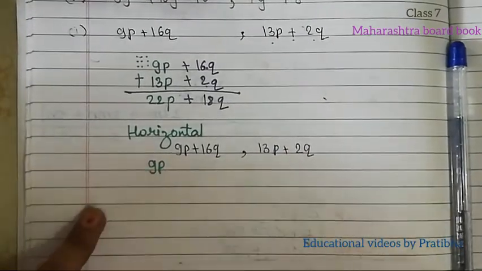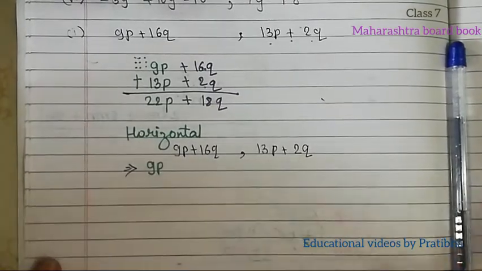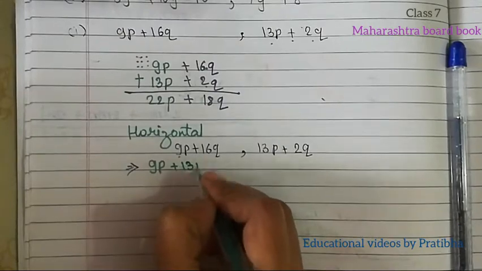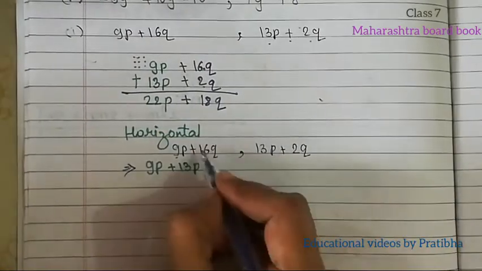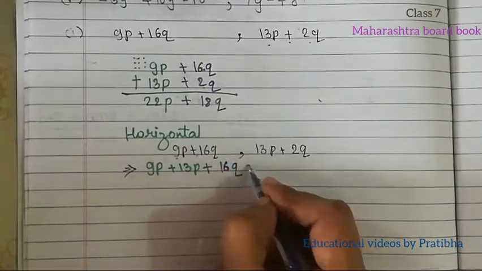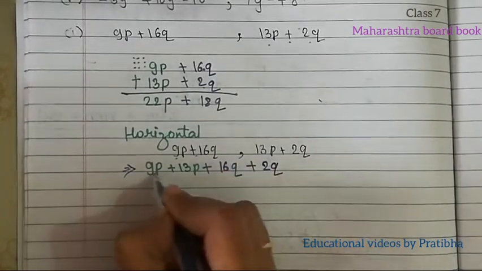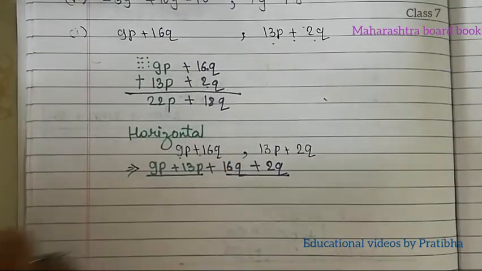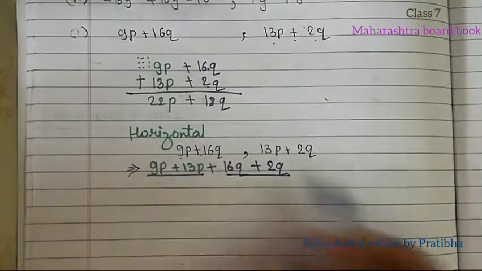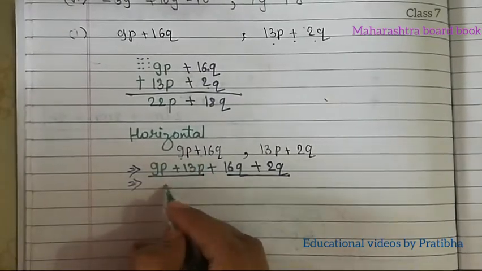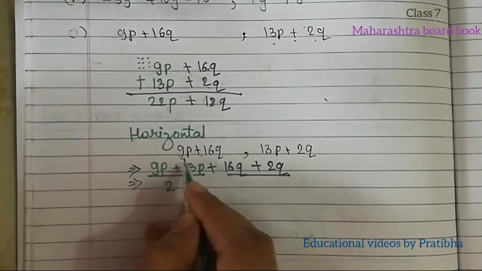So in the first step I'm going to write like terms together. So 9p plus 13p, and now I'm going to write the other pair of like terms together, that is 16q plus 2q. So these two I'll be adding together, and these two I'm going to add together. So 9p plus 13p: 9, 10, 11, 12, 2, carry over 1, 1 plus 1, 2.